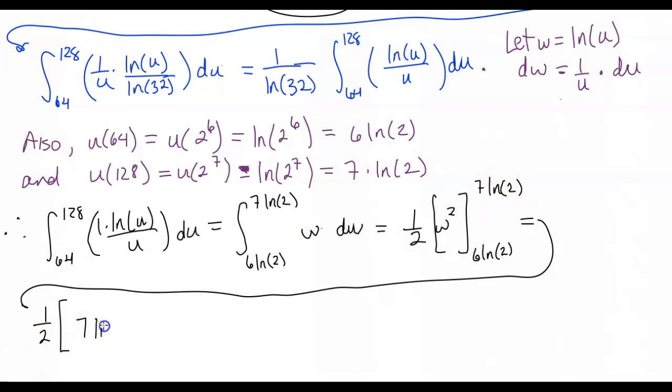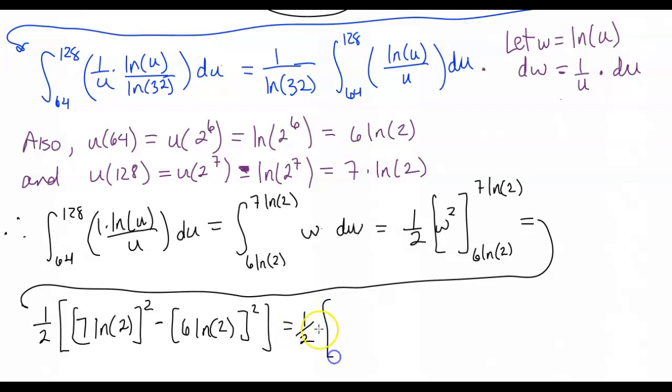All right, so we'll have 7 times natural log of 2, that will be squared, minus 6 times natural log of 2, and that will be squared. That will essentially just give us 49 natural log of 2 squared, so like this, and then minus 36 natural log of 2 squared.